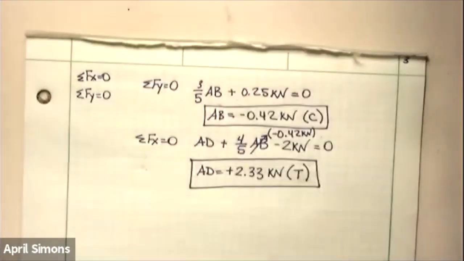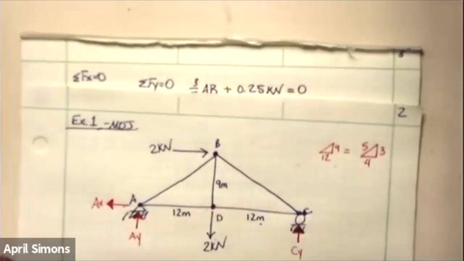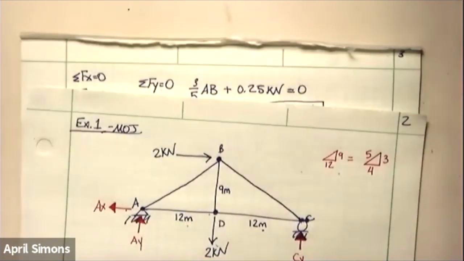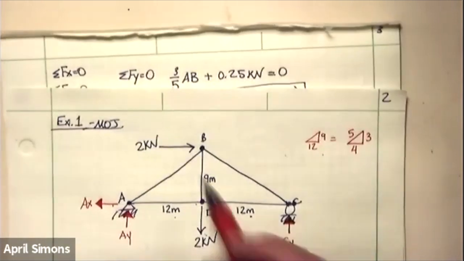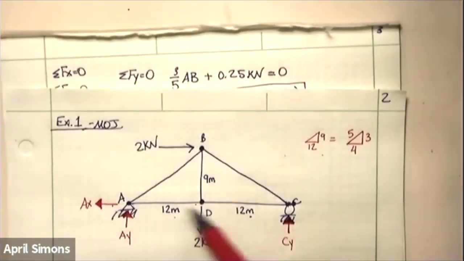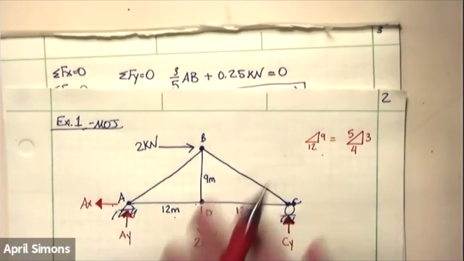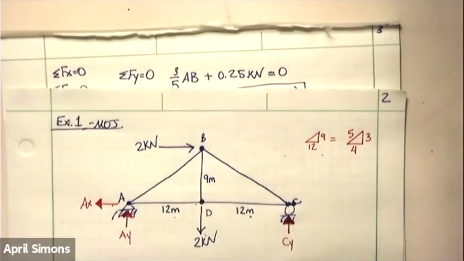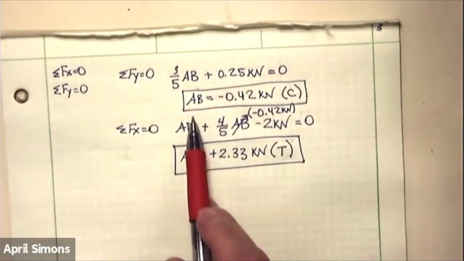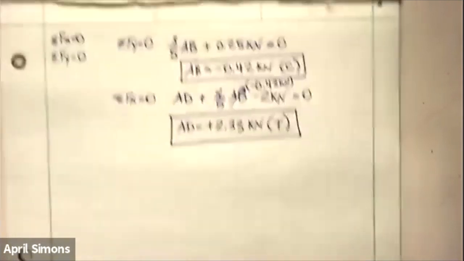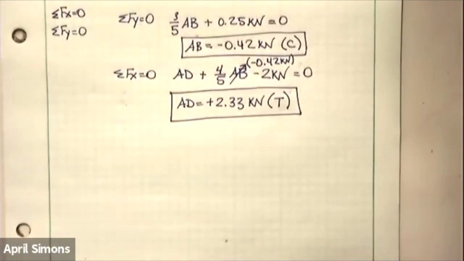All right, let's go back here to our free body diagram for the entire truss, right? So once we find these members, what we're doing in order to create our force summation diagram is basically just showing those on our free body diagram. For example, we got AB 0.42 kilonewtons in compression.